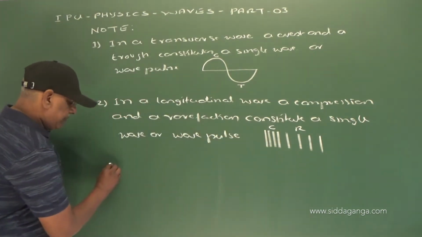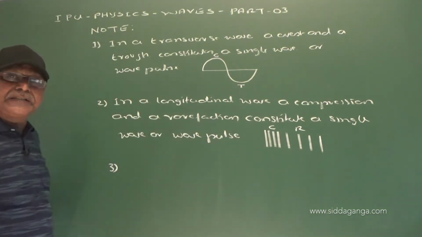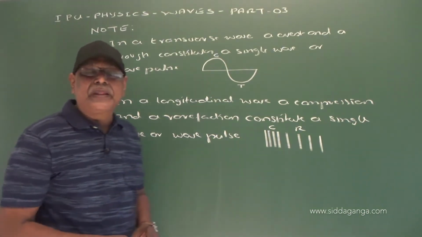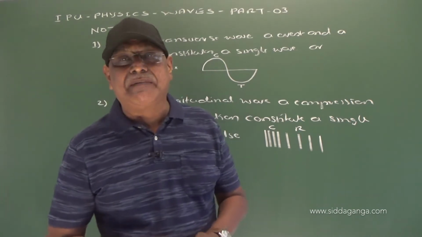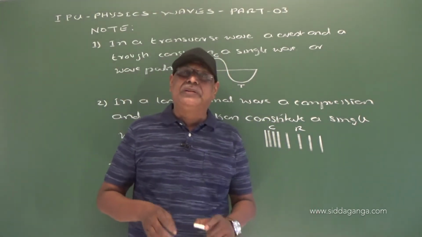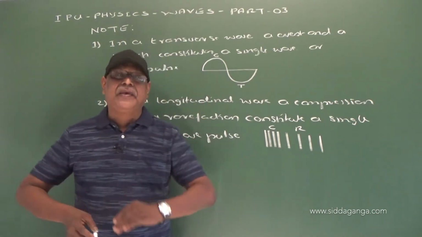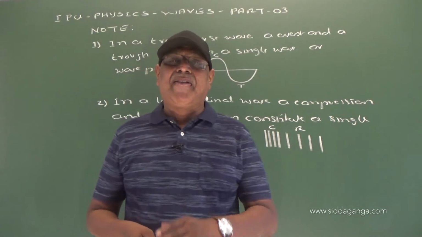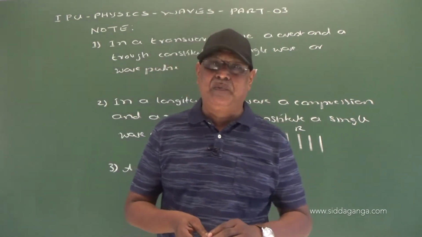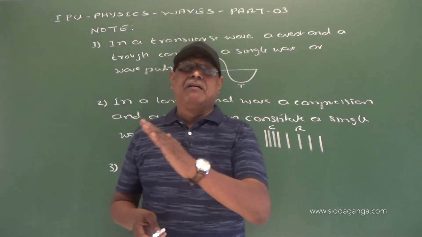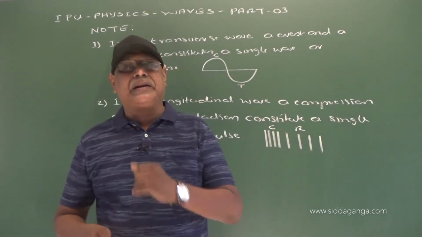Now the third important thing is, right, so a wave motion is associated with two types of motions. We know that generally motions are classified into three types: translational motion, rotational motion and oscillational motion, right?